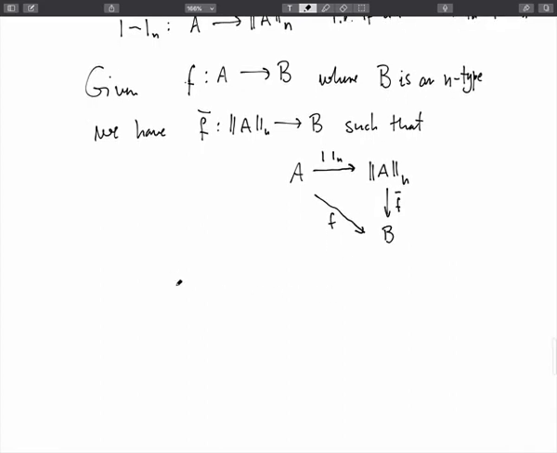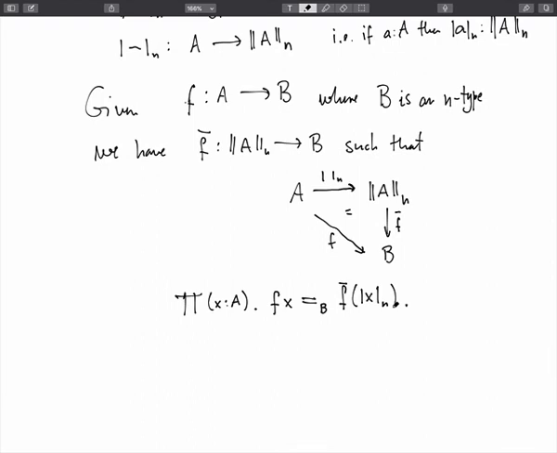So such that this commutes. What do I mean by that? Such that for all x in A, f of x equals, in B, f bar of the truncated x, like that.